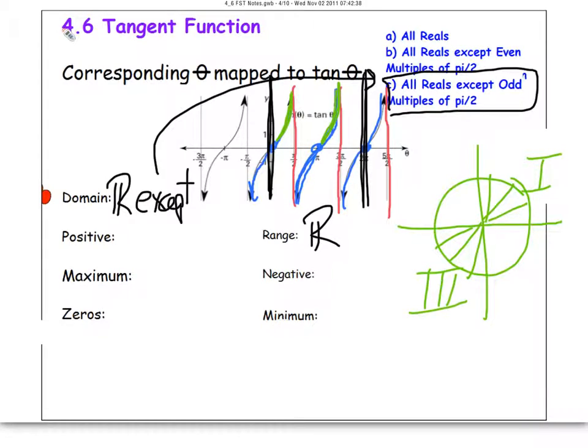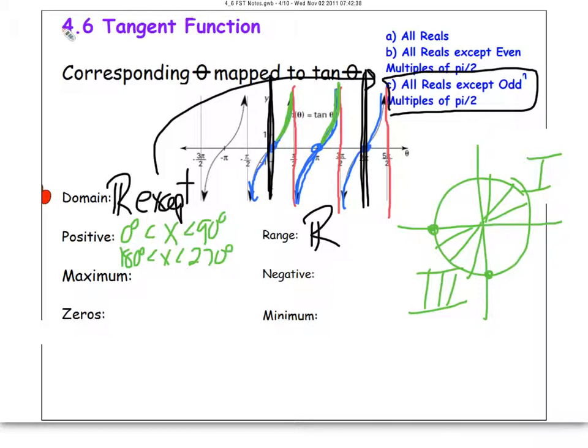So we're going to say it's positive for the x values, not including 0 degrees, up to 90 degrees, and then here from 180 to 270. Again, I could state this in radians instead of degrees if I wanted to. It'd be pi over 2, pi, and 3 pi over 2.